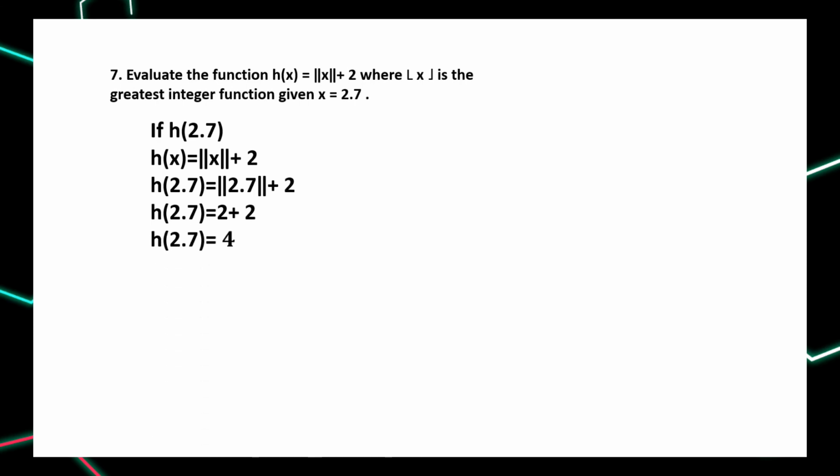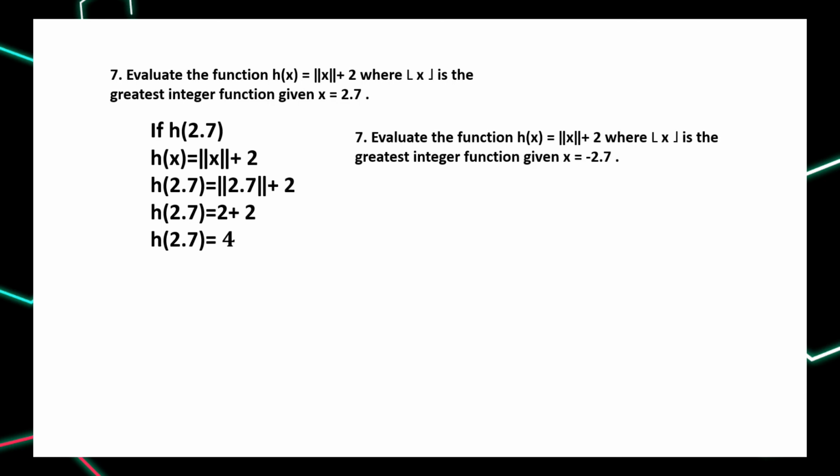So para hindi kayo malito, bigyan natin ng example dun sa left or sa negative side ng integers. So let's say, evaluate the function h of x equals the greatest integer function x plus 2, wherein x equals negative 2.7. So palitan natin si x ng negative 2.7.